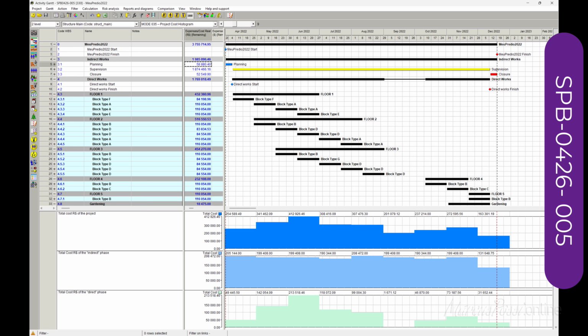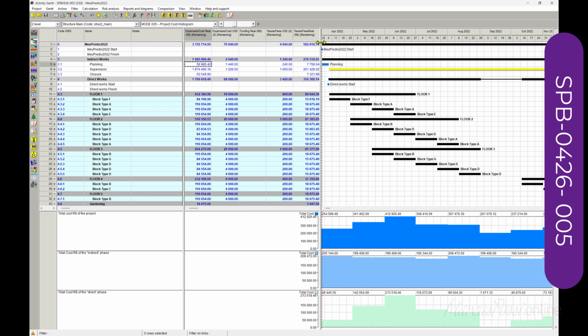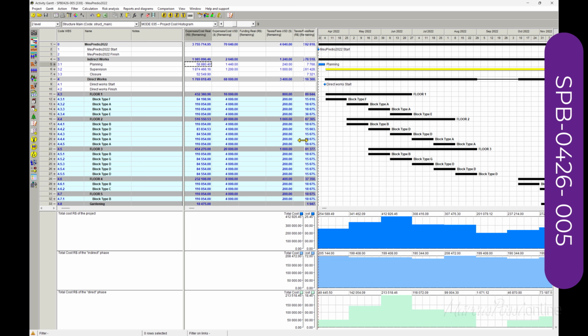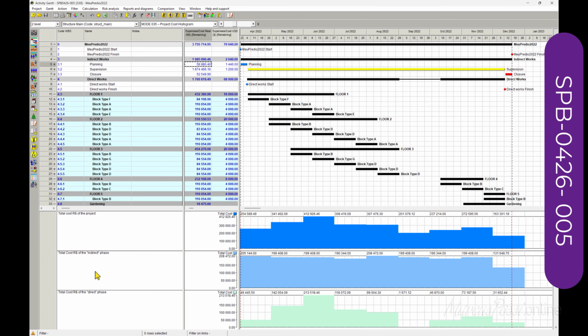Here. WBS code, name, notes, and all the cost components here. And the graphs grouping total costs of the project and total costs of indirect and direct phase. This is for projects, indirects and directs.